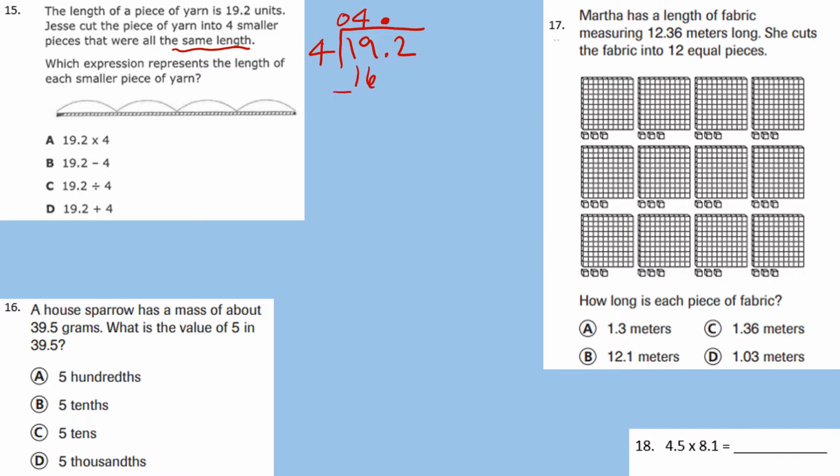That gives me 16. 3 is less than 4. Bring down the 2. 4 goes into 32 8 times. So the answer is 4 8/10. So we take 19 2/10 divided by 4. So the answer is C.